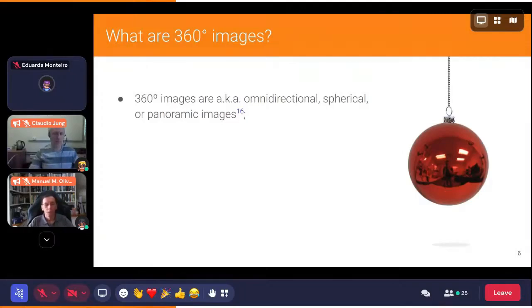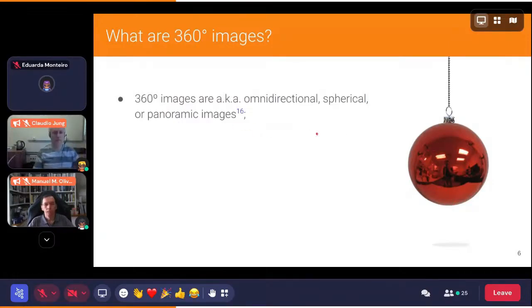Of course, our eyes are seeing what the Christmas ball reflects. But if we think we are the Christmas ball, we will see everything around us. So everything that's on the surface of this Christmas ball is some kind of intuition of the spherical image.